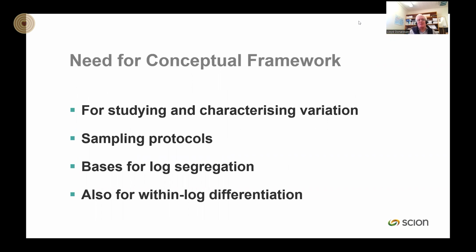For studying and characterizing the variation, there is a need for a conceptual framework, and that can govern sampling protocols in terms of where one takes wood specimens and what wood properties one studies. It can also feed into a basis for log segregation and even for capitalizing on within-log differences, say by choice of sawing pattern.